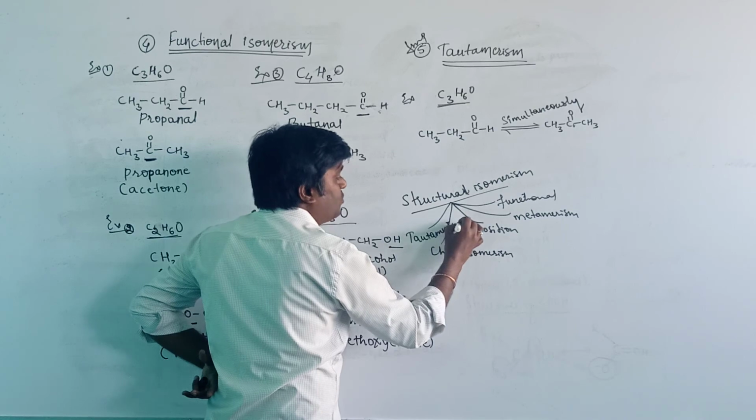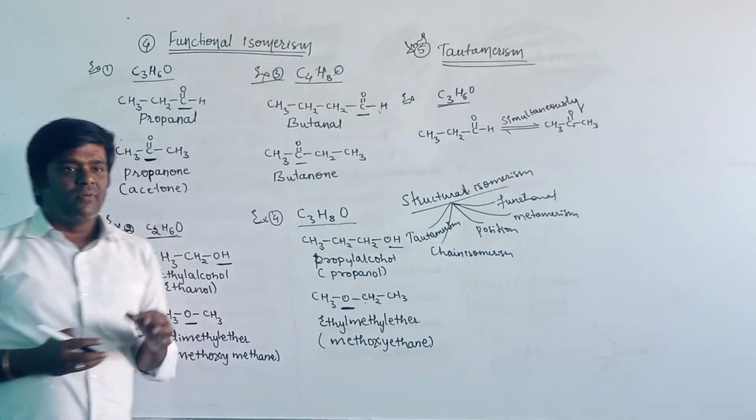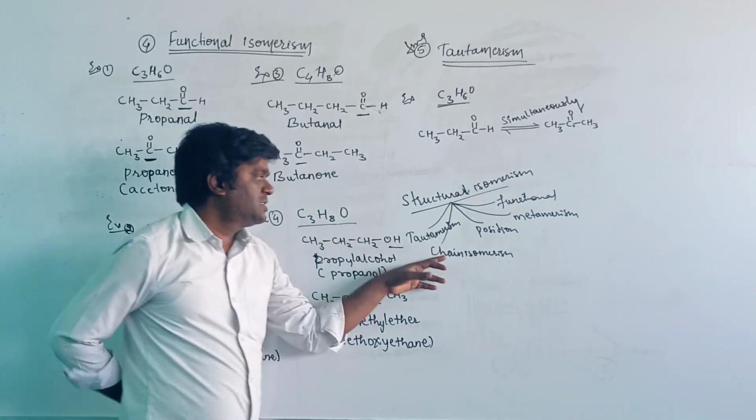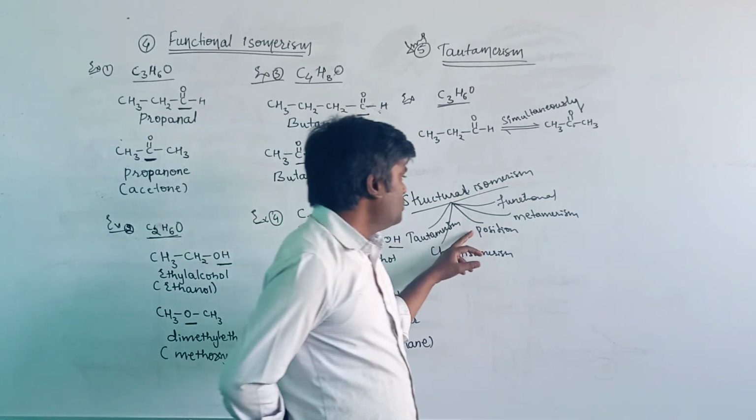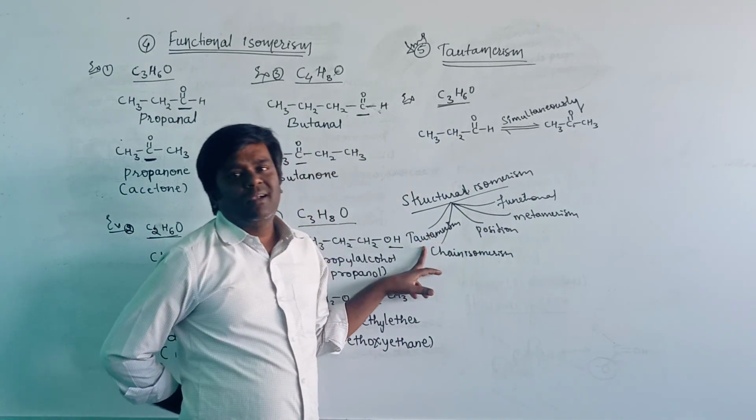There are 5 types of structural isomerism. We have discussed the 5 types here: chain isomerism, position isomerism, metamerism, functional isomerism, and tautomerism.